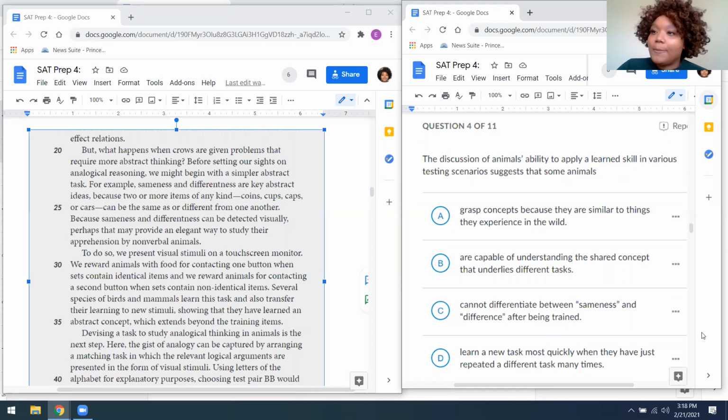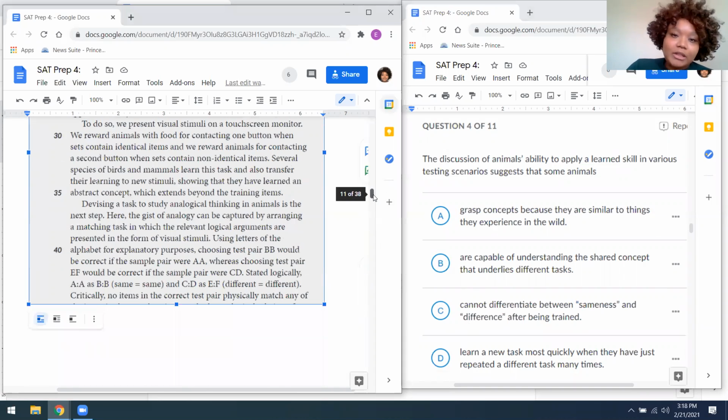So when it's talking about the discussion within the passage around animals' intellectual ability, it hints at the fact that some animals are capable of understanding abstract concepts that help them apply a learned skill.